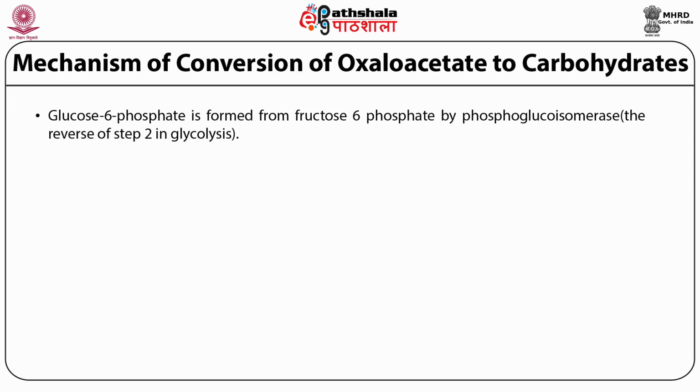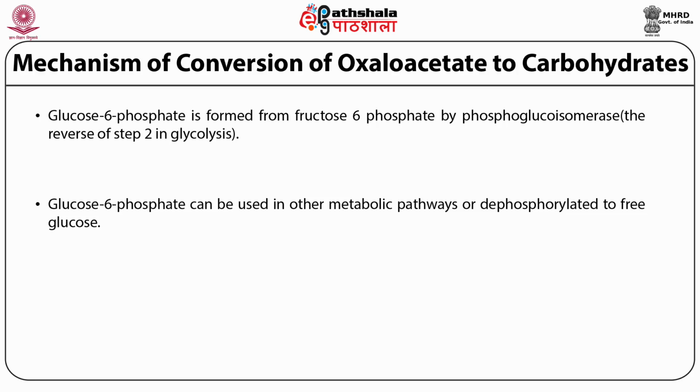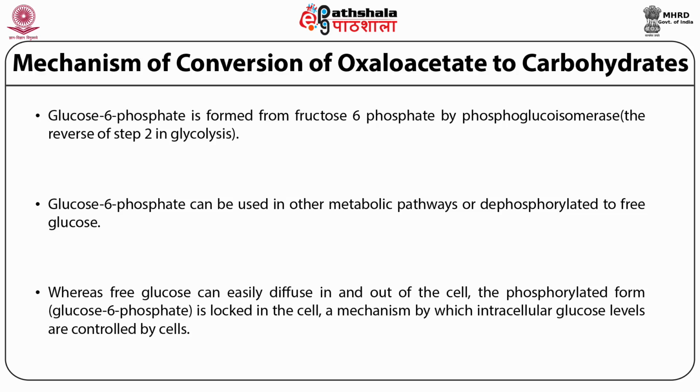Glucose 6-phosphate is formed from fructose 6-phosphate by phosphoglucoisomerase. It is the reverse of step 2 in glycolysis. Glucose 6-phosphate can be used in other metabolic pathways or dephosphorylated to free glucose, whereas free glucose can easily diffuse in and out of the cell.